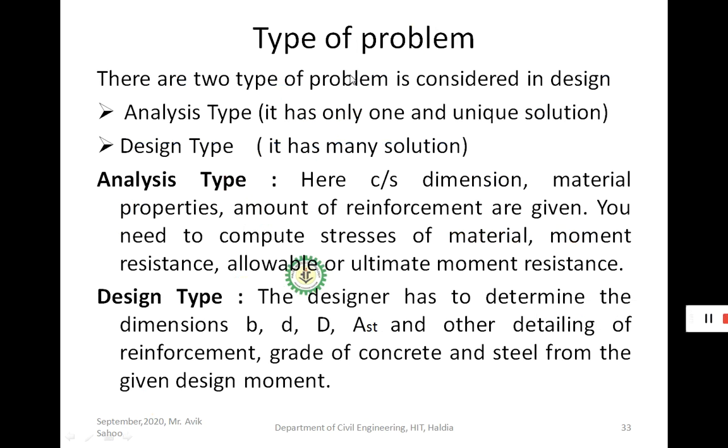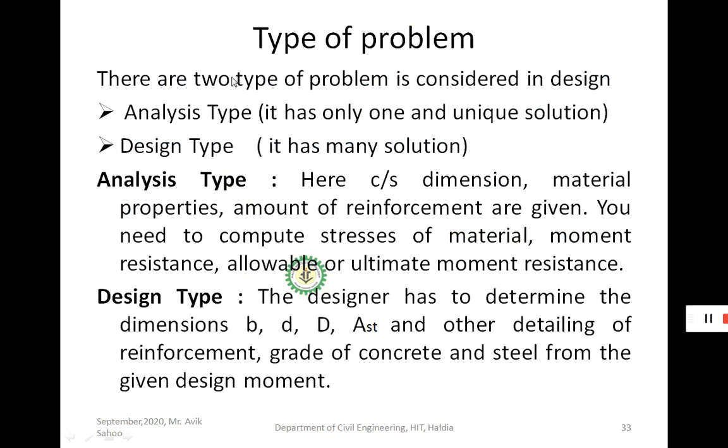So generally two types of problems are considered in design. You know that the ultimate load method is obsolete because, from the user's point of view, serviceability is not considered.